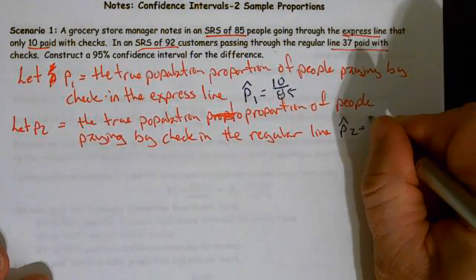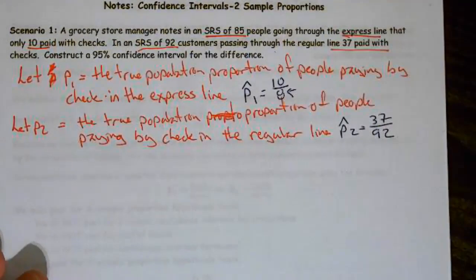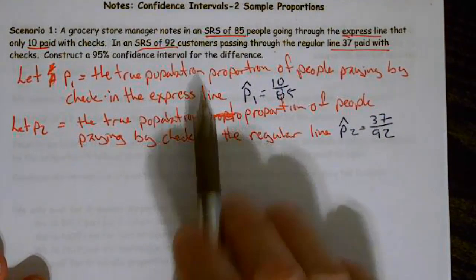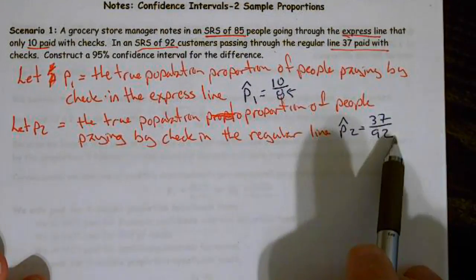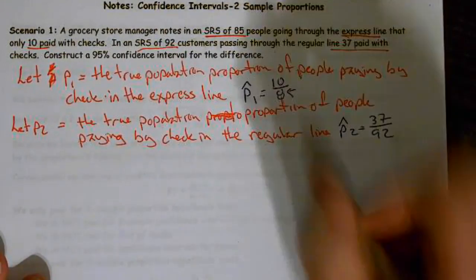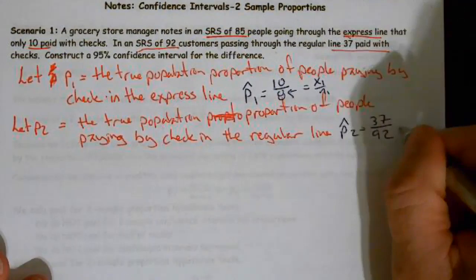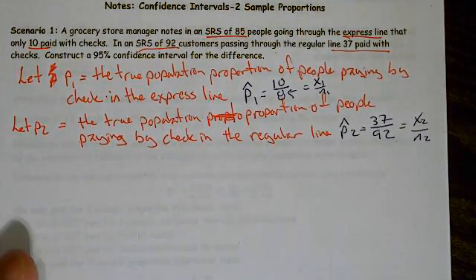Now, I realize people don't pay by checks anymore, but they used to, right? So that's p hat 1 and p hat 2. We don't have to define it there, but I want you to know what they are. This is x1 and n1, x2 and n2, right? And I'm going to go ahead and label those just so you know, x1, n1, x2, n2. And we can turn those into decimals, but we don't have to right here.